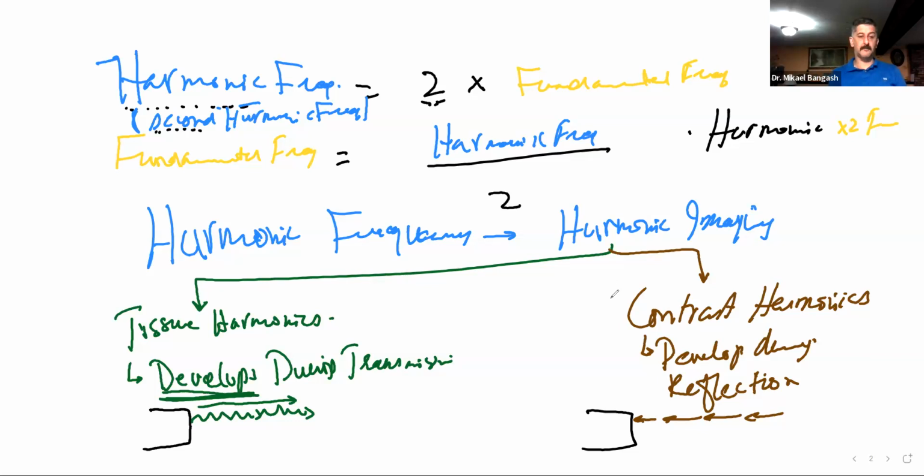For now, just remember this much: tissue harmonics develop during transmission. What do we mean by transmission? It is the phase where the sound wave is being transmitted from the transducer through the tissues. That's during which your tissue harmonics will develop.